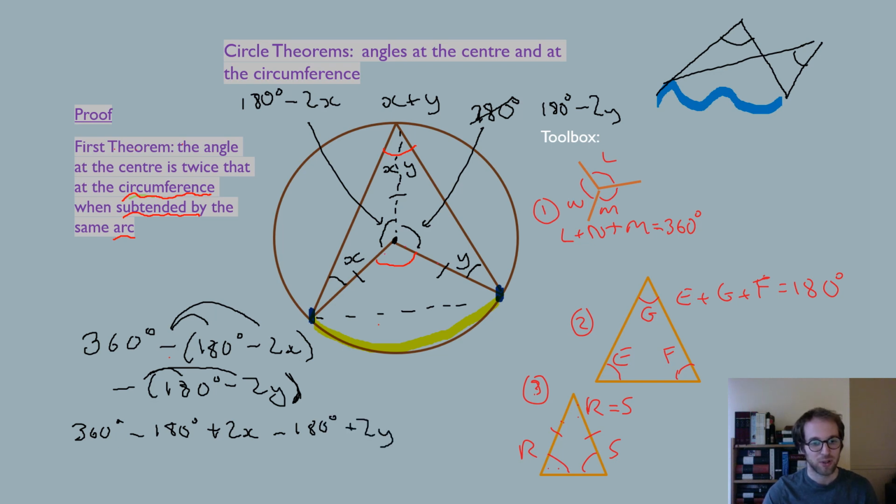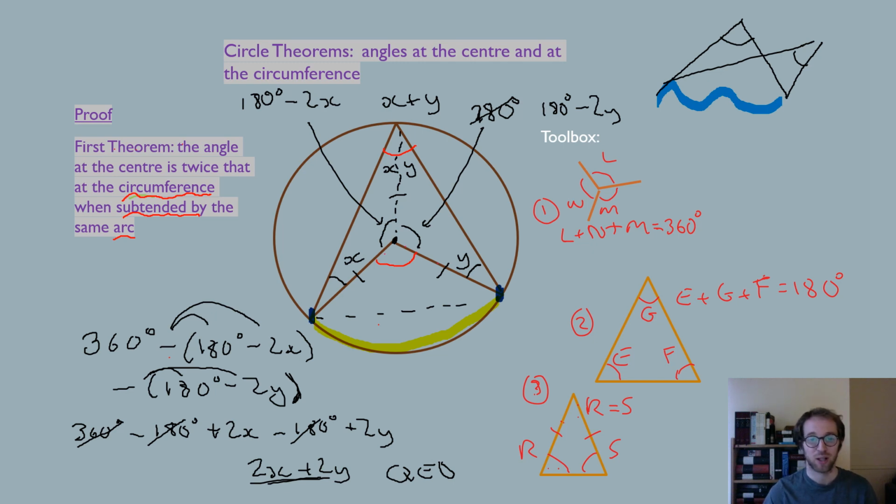And hopefully what you can see is that the numbers actually cancel each other out, because 360 minus 180 minus 180 is 0. So you end up with just 2x plus 2y. That expression is what you end up with. Now hopefully you can then see that we've proved the theorem. So I'm going to write QED, because 2x plus 2y is double x plus y.